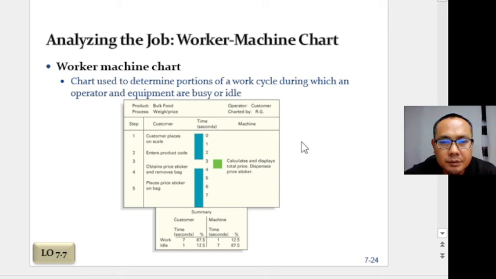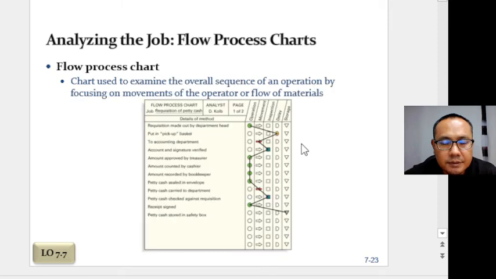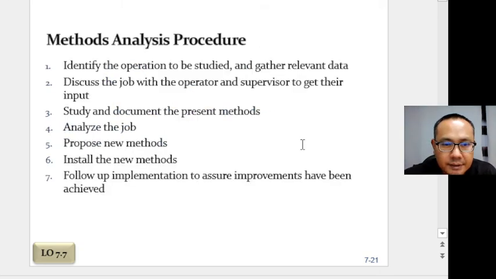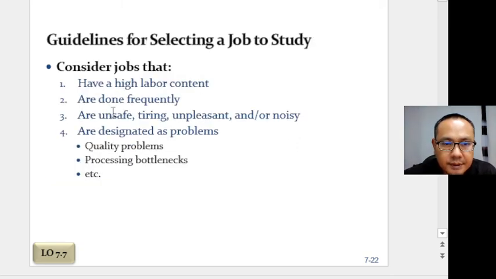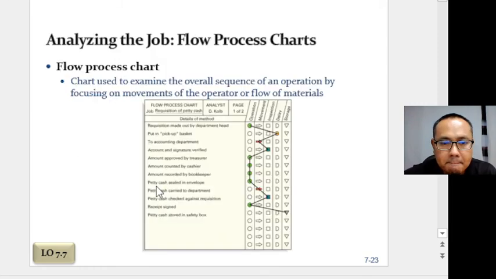Okay, we can use other tools. This is the first tool. The concept we must understand here is how we can identify a job that may have high content, or may be unsafe or not.